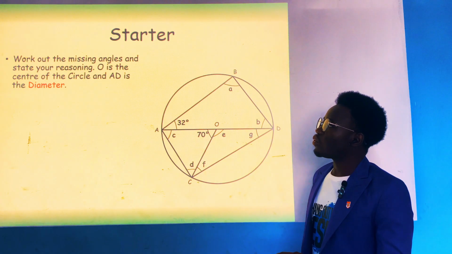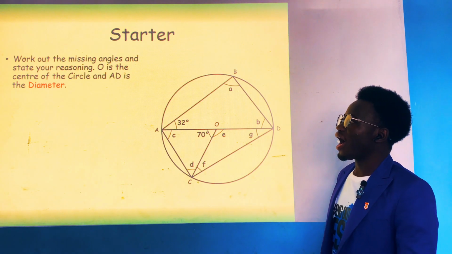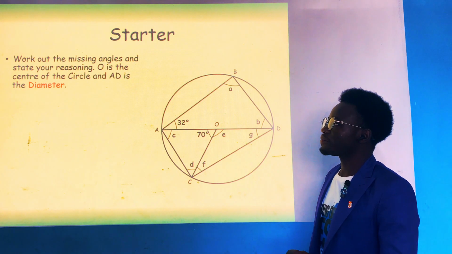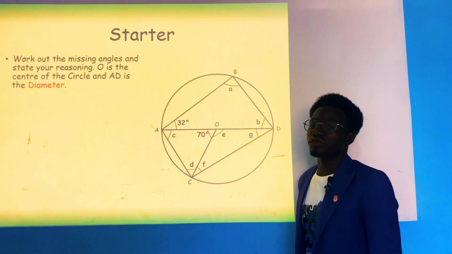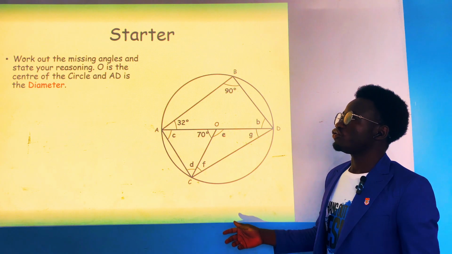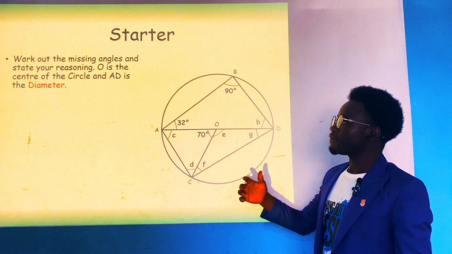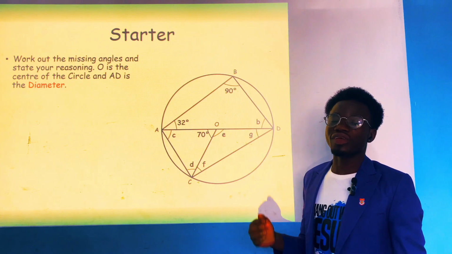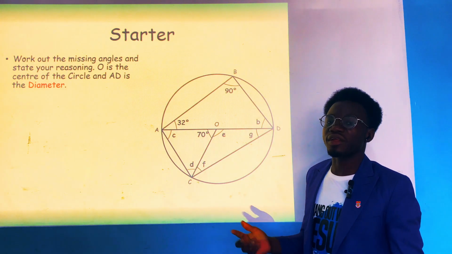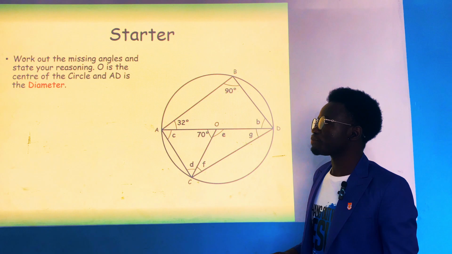Now, the starter says to work out the missing angles and state your reasoning. So circle theorem is full of formulae and reasons and theorems. You will have to give a reason for every theorem you use. Which theorem did I use to get the answer? Okay.